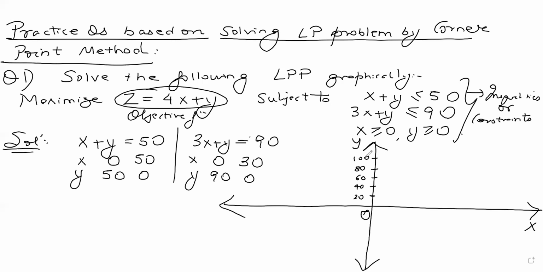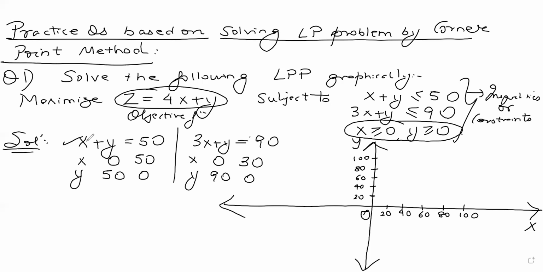And on the x-axis, again, I can take 20, 40, 60, 80, 100. We only need the first quadrant, by the way, because of the non-negativity constraint. X and y should be non-negative, so we only work in the first quadrant.